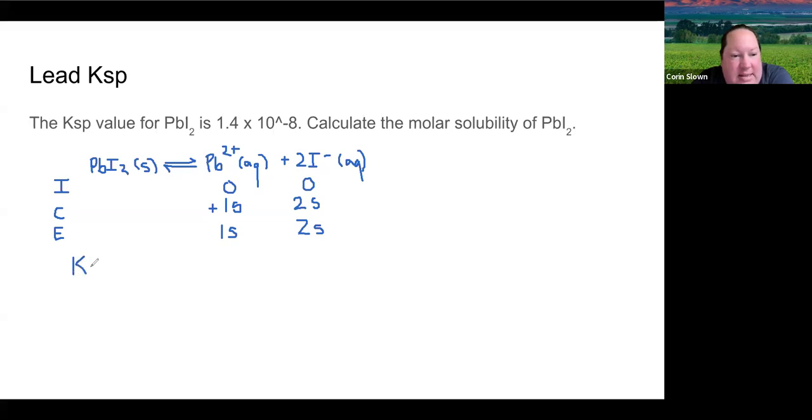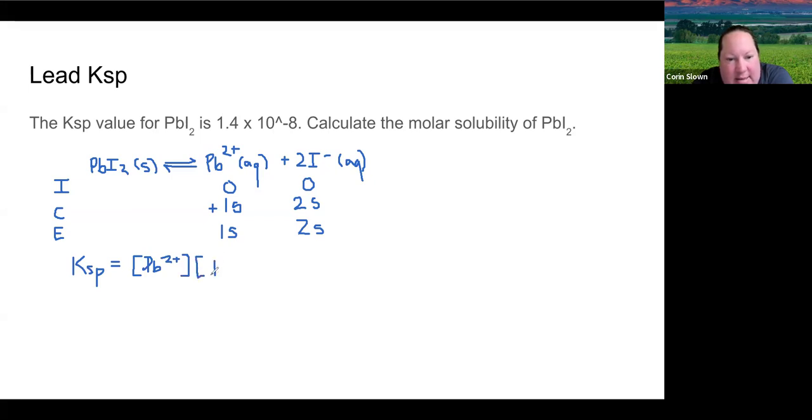So KSP in this case is going to be equal to the concentration, that's what the square bracket means, of our lead 2 plus and our iodide.